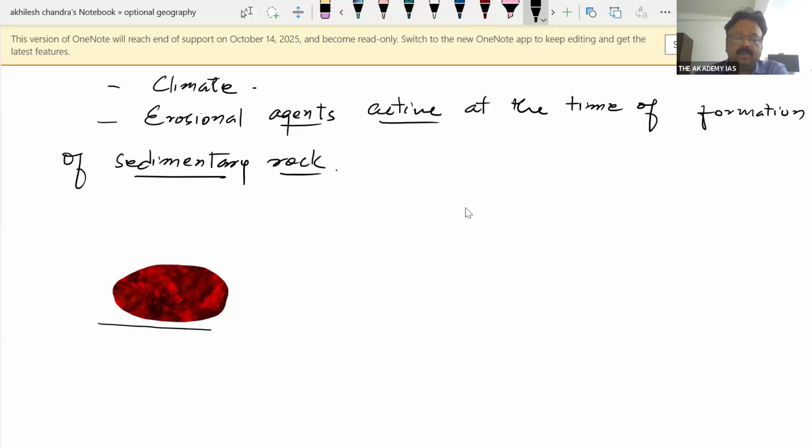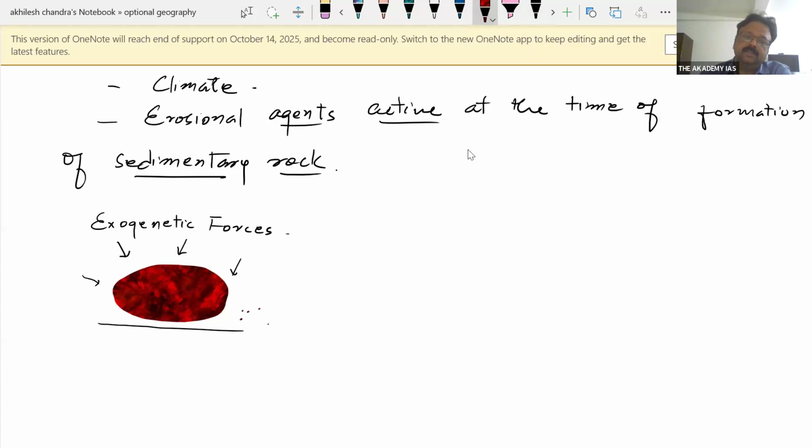And this igneous rock on the Earth's surface is visited by exogenetic forces, and under the influence of exogenetic forces, these igneous rock get disintegrated and there is formation of small fine sediments.